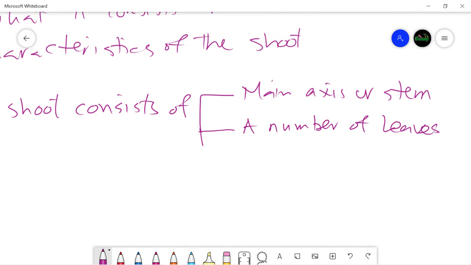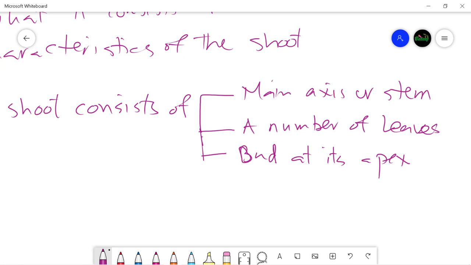So a shoot consists of main axis or stem, a number of leaves, and a bud. What is a bud? We haven't yet defined it, and we shall define it shortly, because this is the topic of this particular chapter. And it consists of a bud at its apex, known as the apical or terminal bud.